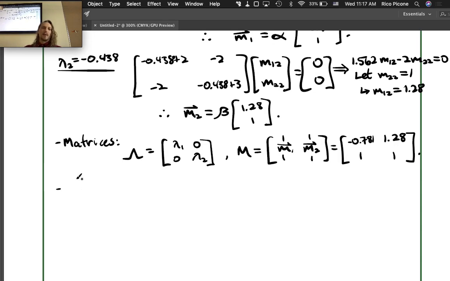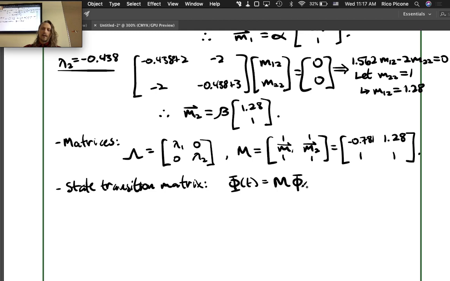So now we're ready for the state transition matrix, which is phi of t equals M phi prime of t, M inverse.